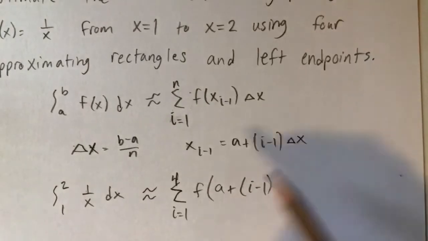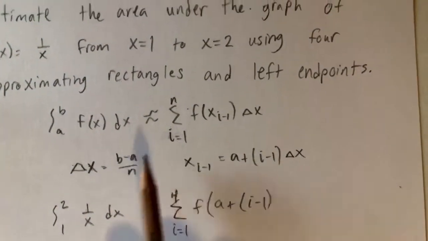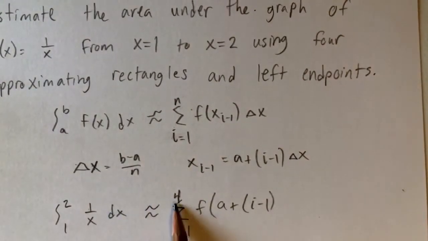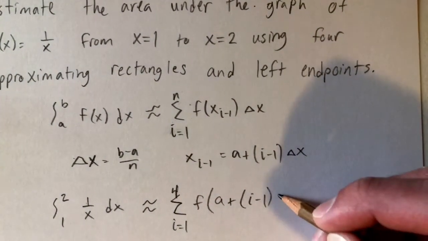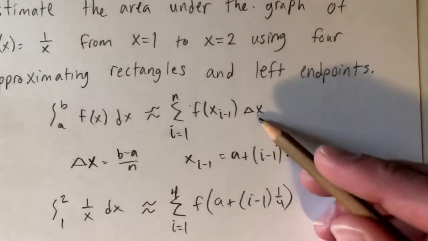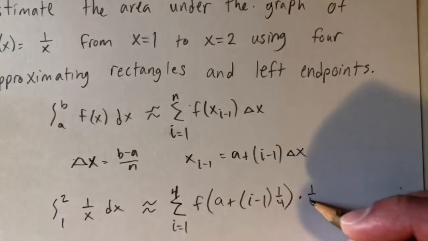Our delta x is b minus a, which is 2 minus 1, all over n, which is 4. So delta x is 1 over 4, and we multiply by that delta x, which is again 1 over 4.